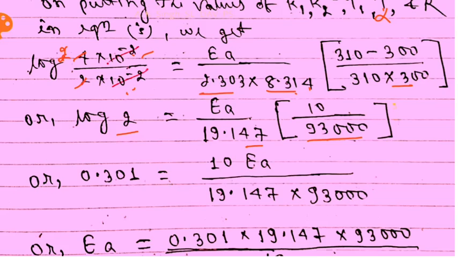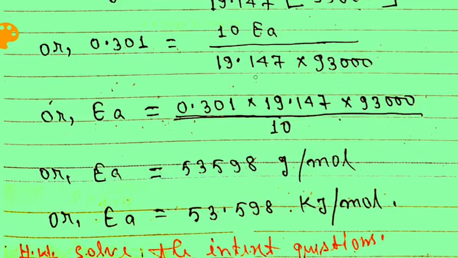Or 0.301 is equal to 10 EA by 19.147 into 93,000. Why 10 EA? Because 310 minus 300 is equal to 10. EA is activation energy, or EA is equal to 0.301 into 19.147 into 93,000 by 10, or EA is equal to 53598 joule per mole.